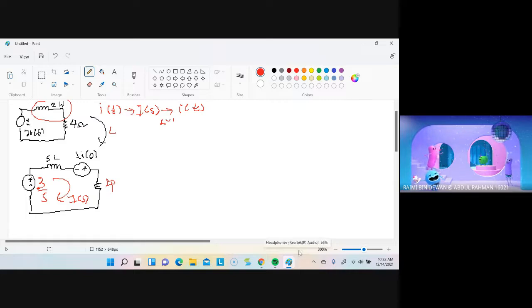So okay, now we do the voltage. We do the voltage, total voltage in the circuits. Because you see this one is 3 over S, and this one is Li naught. Okay, Li naught. Okay, you do the equation, equivalent to the voltage.